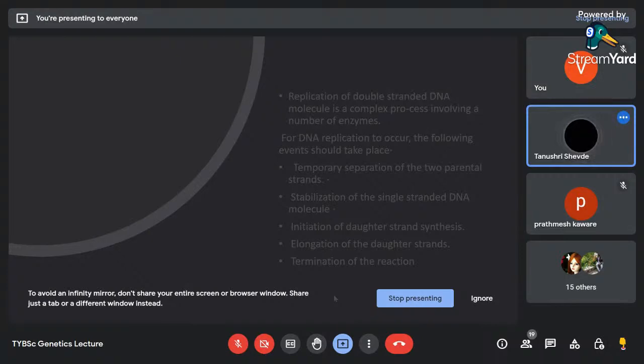As we all know, there are many enzymes like topoisomerase, SSB protein, DNA helicase, DNA polymerase. Today we are going to see about topoisomerases.